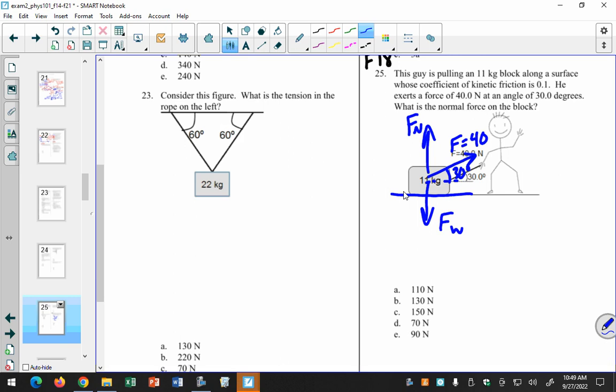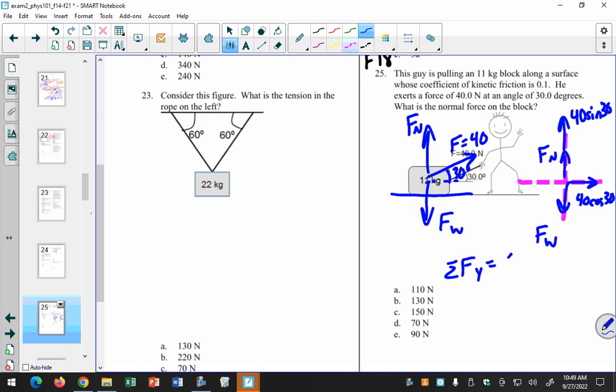Let's find this normal force. Same steps as we've had before, okay? I'm going to resolve those vectors. I have my normal force, Fn, and my weight, Fw, and then I have this 40 cosine 30, and 40 sine 30. If I want to know the normal force, I'm going to look at the forces in the y direction. Because it's not moving in the y direction, it's on this surface, that's equal to 0.